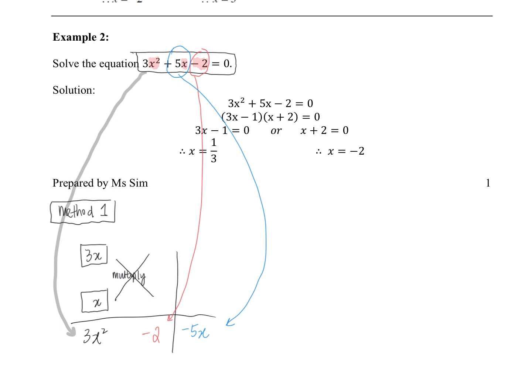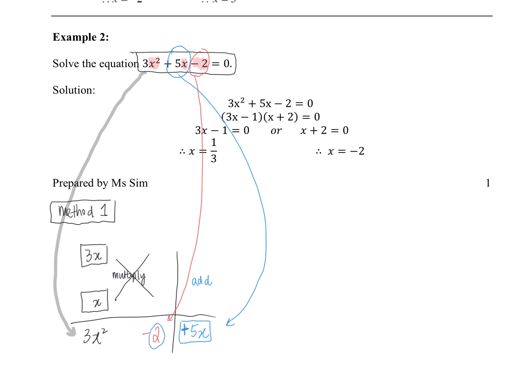Then, you want to decide which factors. We know factors of 2, just 1 and 2, right? We need to decide the order such that it will end up giving us -5x. So we are going to add the last row. So what you will do is, where should I put the 2 and the 1? Yes. Which one plus? Oh, plus 5.